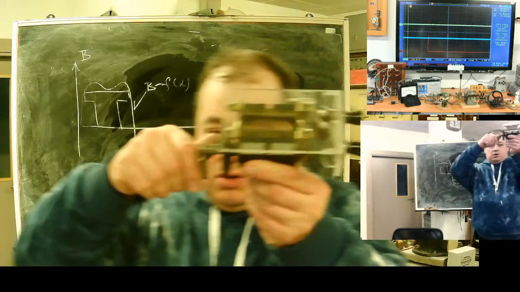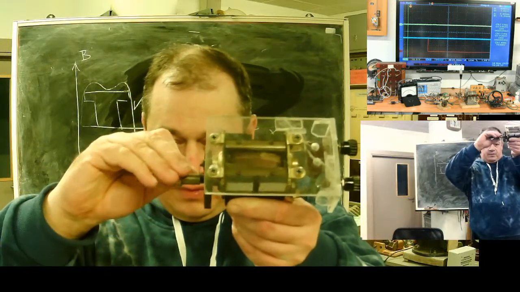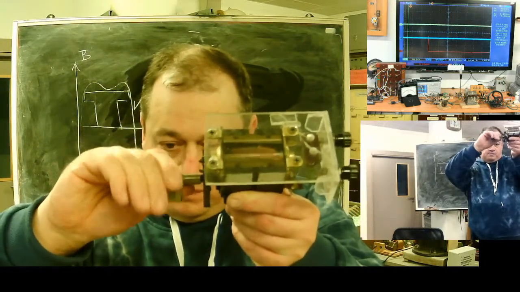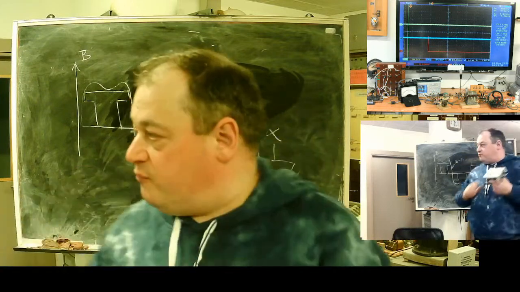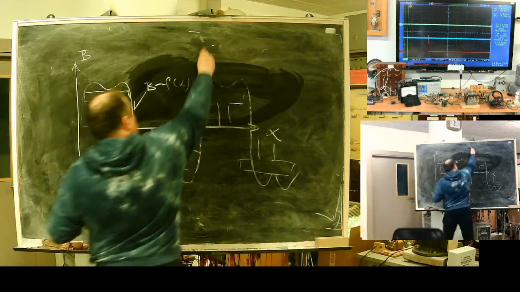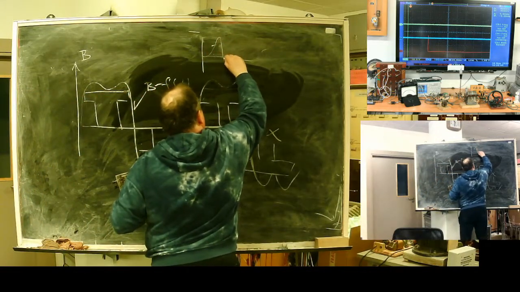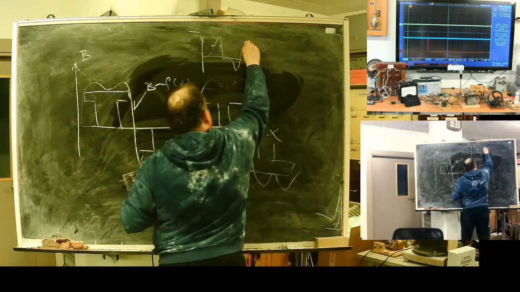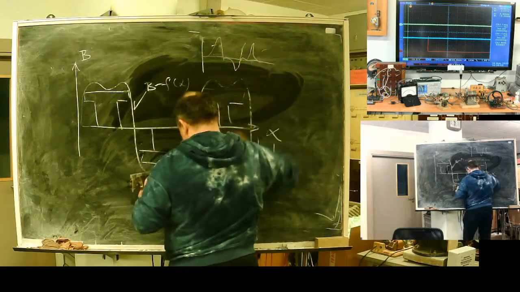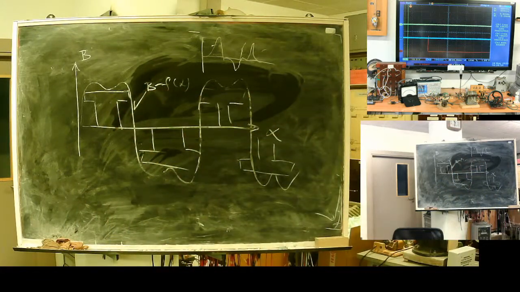I'll show it to the camera. For such barrels, it's very characteristic to have voltage like this, with zero, peak, again zero, again peak, for such a barrel-like rotor.